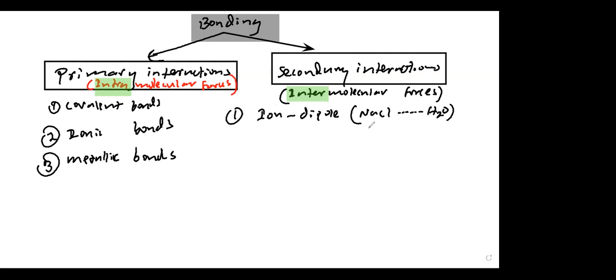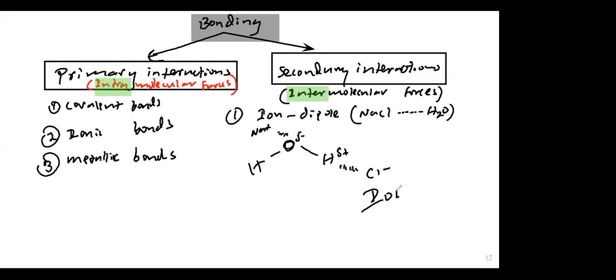As an example, I'll erase this later, so quickly copy it down. If you dissolve NaCl in water, the hydrogen is delta plus and the oxygen delta minus. Delta plus attracts Cl minus, and delta minus attracts Na plus, the oppositely charged. Na plus is surrounded by oxygen atoms, Cl minus by hydrogen atoms.